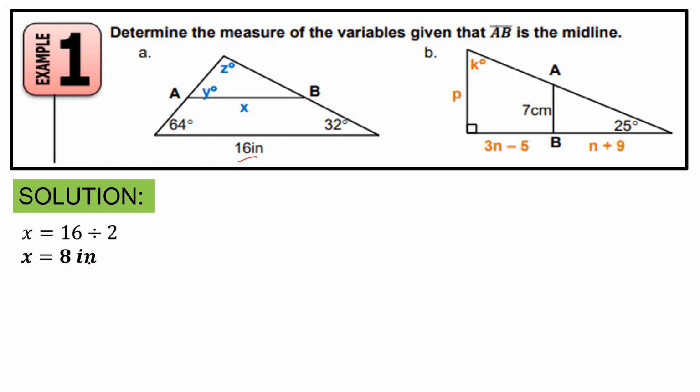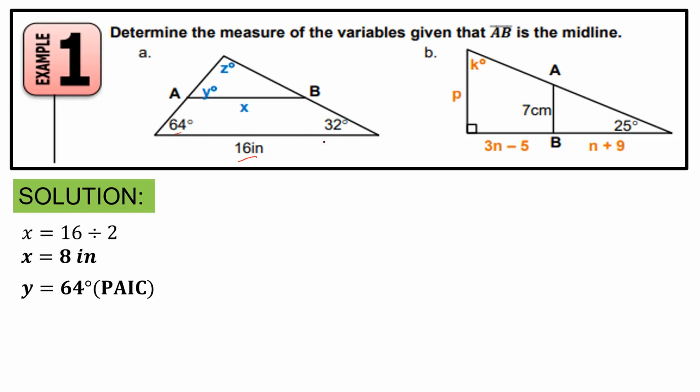inches. And for the second one, as you can see, we have here the alternate interior angles. And according to the parallel line theorem, alternate interior angles are congruent. So the measurement of y degrees is also equal to 64 degrees by that theorem. And next, the z degrees. As you can see, we have here two given measurements of angles.